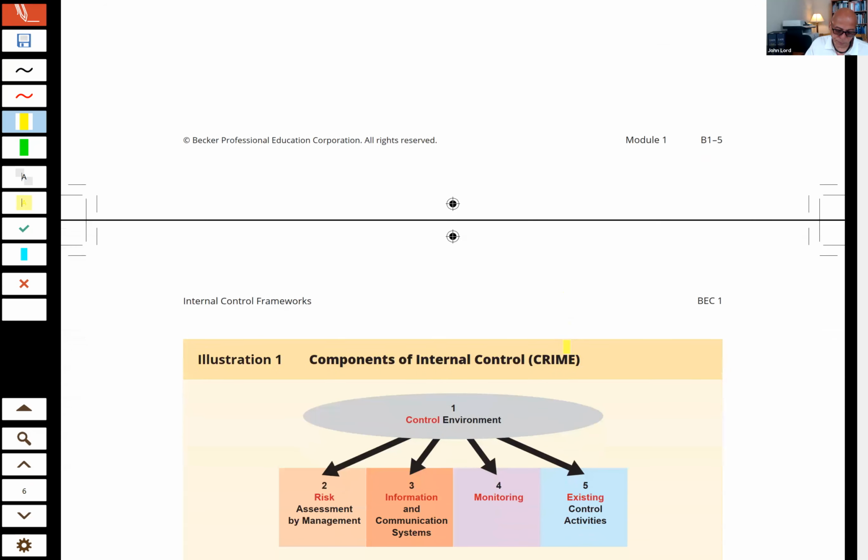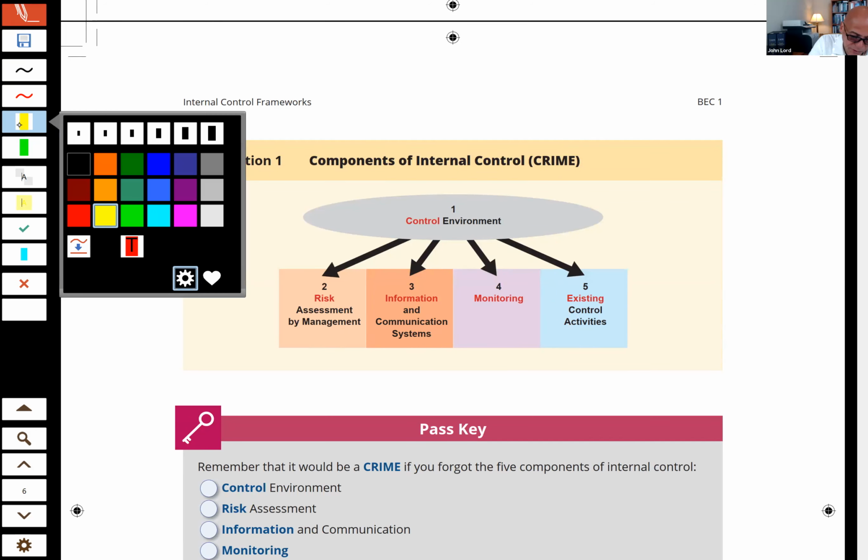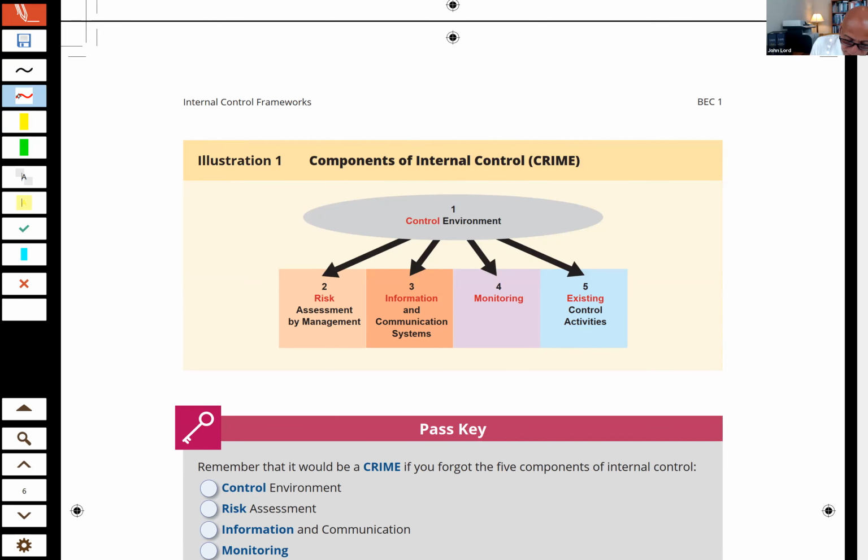Okay, so you can see they're using CRIME, but it bothers me that they've got it out of order of how it actually goes. So this should be 3, this should be 4, this should be 5.